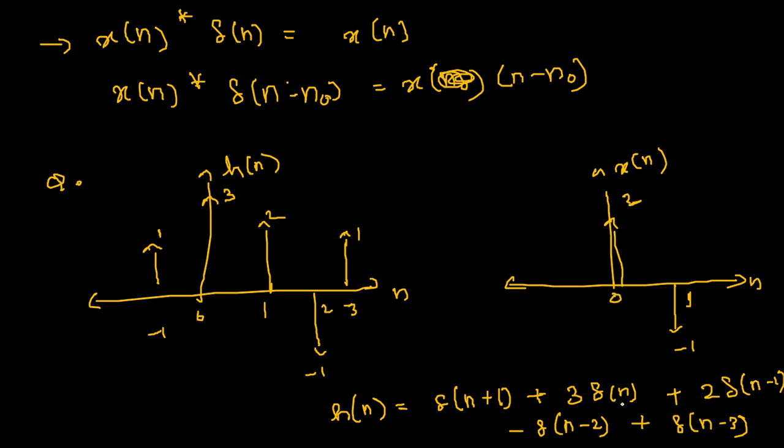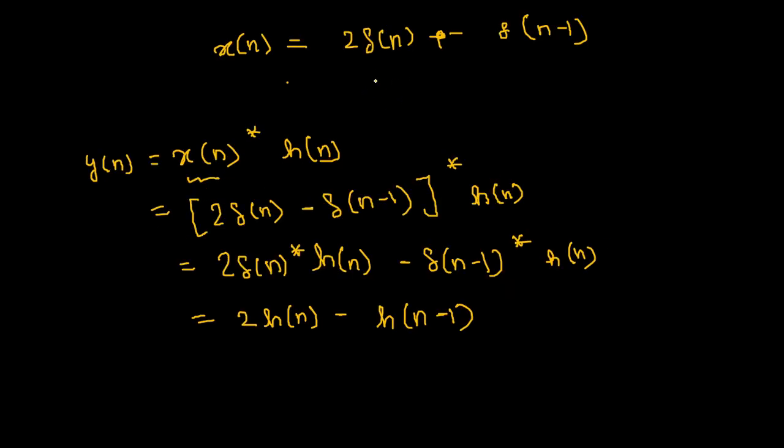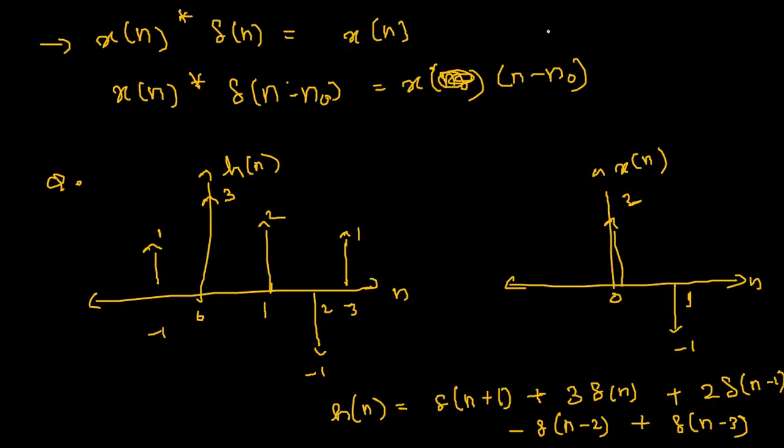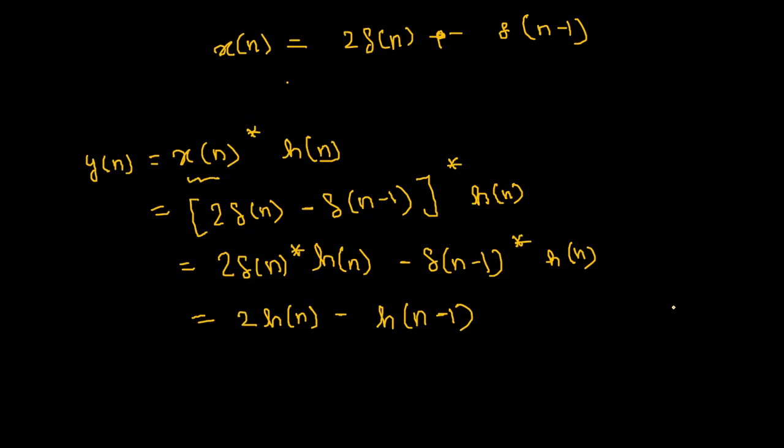And here we have delta of n, but its amplitude is scaled by a factor of 3. Similarly, we have shifted the delta function and amplitude scaled it, and we've gotten the expression for h of n. Similarly, for x of n, we did the same thing, and we got x of n as 2 delta of n minus delta of n minus 1. This has been amplitude scaled by a factor of -1.